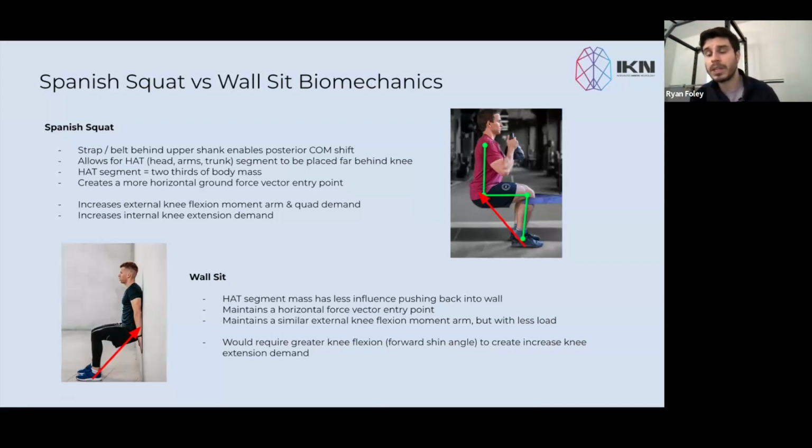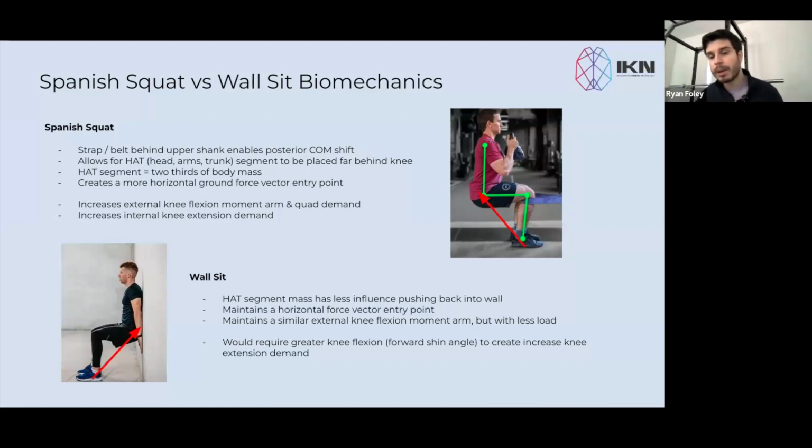So it's going to allow you to experience a little bit more load and demand in the knee extensors, because now you're not pushing straight back into the wall, but adding a bit more of a vertical force vector. And because you've taken that shin from a vertical position to more of a forward angle, that force vector is going to be further behind the knee. And so it's going to increase the knee extension demand. It's going to increase the challenge on the knee extensors.